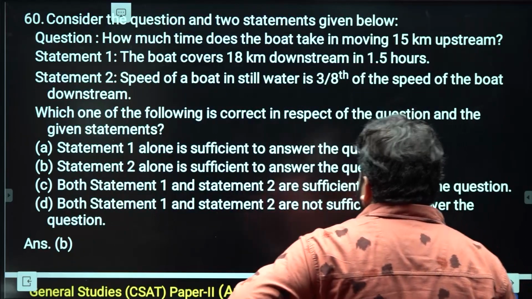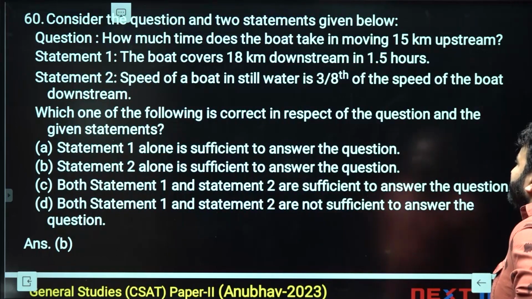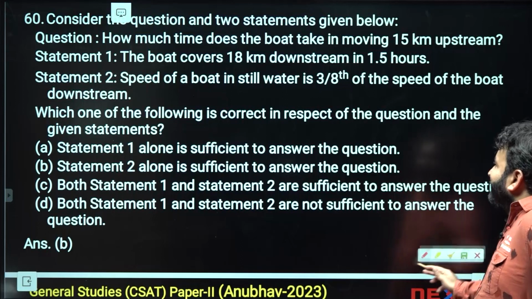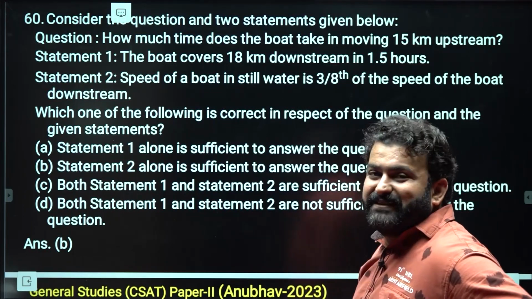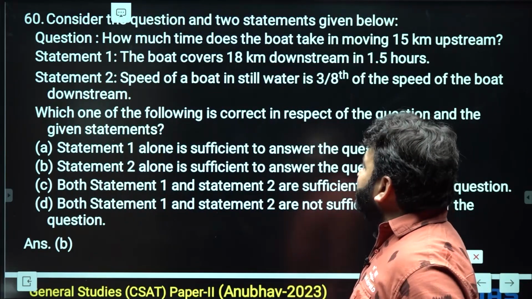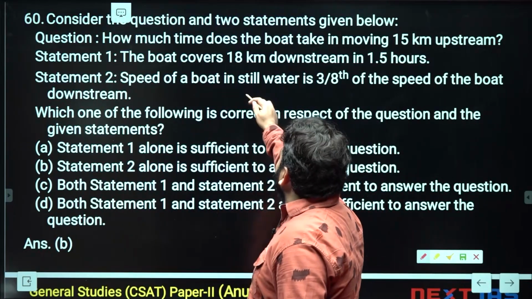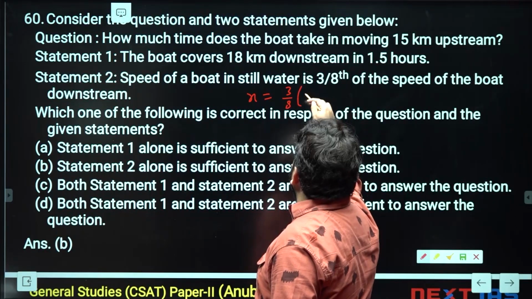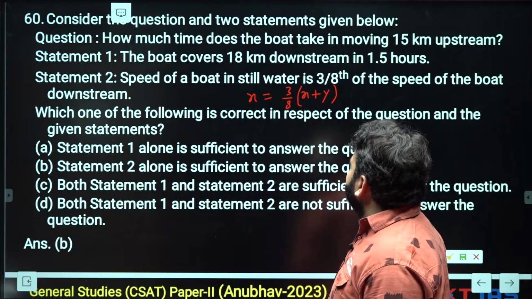Second: the speed of boat in still water is 3/8 of the speed of boat downstream. Now see, it is interesting. The speed of boat in still water is 3/8 of the speed of the boat downstream. If the speed of boat is x, it will be 3/8 of the speed of boat downstream, so x plus y is downstream, where y is the speed of stream.